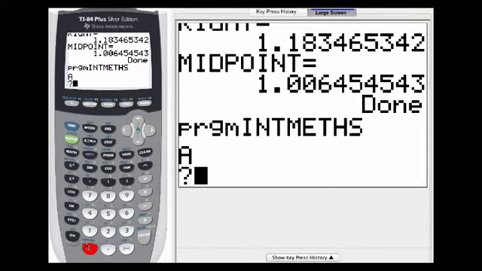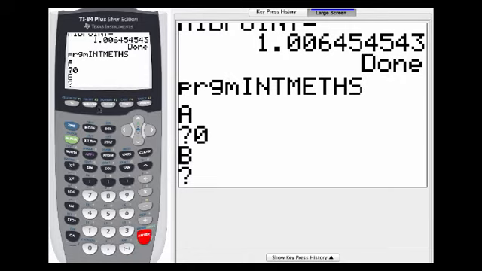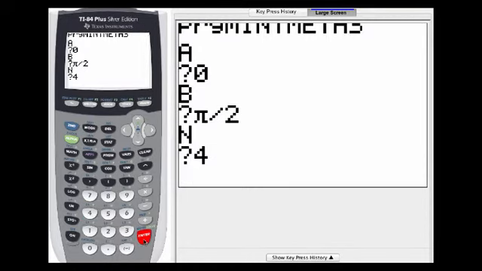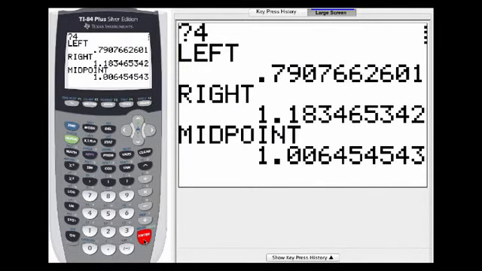It is going to prompt you first for the endpoints of the interval again. So that would be 0 to pi over 2. It's going to ask you for n, which is the number of subintervals. And when you hit enter now, notice it just spits out the answers, no pictures to look at. But notice how they are the exact same decimal values as we obtained from the area program.